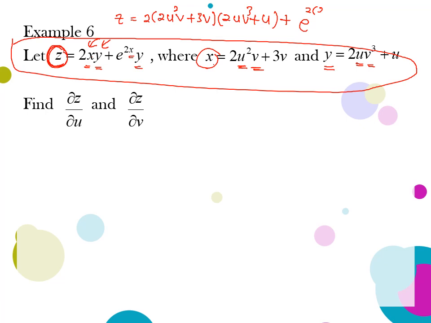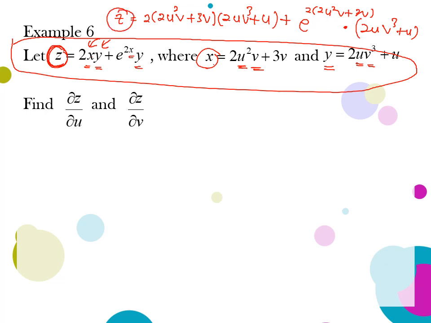What is x? X is 2u squared plus 3v, and then multiply with y, which is 2u cubed plus u. Okay, so you see here how complex your z is.